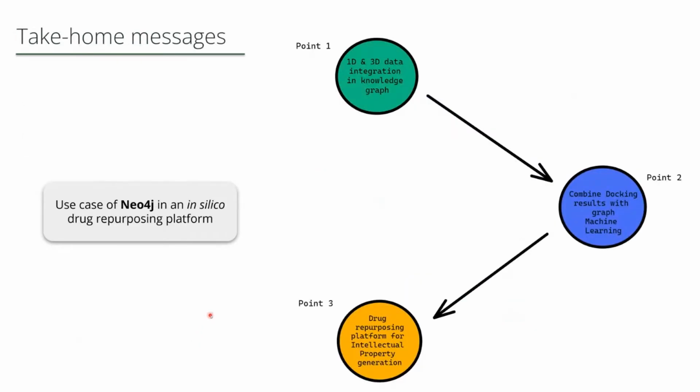So, in a few words, using Neo4j, we accomplished to integrate 1D and 3D biochemical data inside a knowledge graph and then combine the docking results with graph machine learning in order to develop a drug repurposing platform for intellectual property generation. And now it's time to hand you over to my colleague Sotiris for the demonstrating part of our session. Thank you very much.